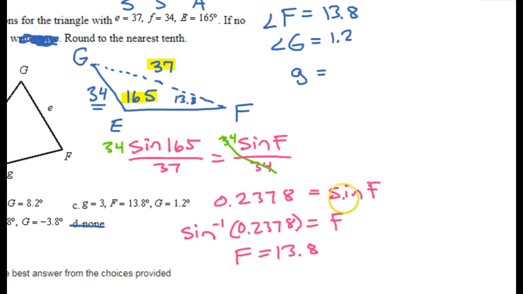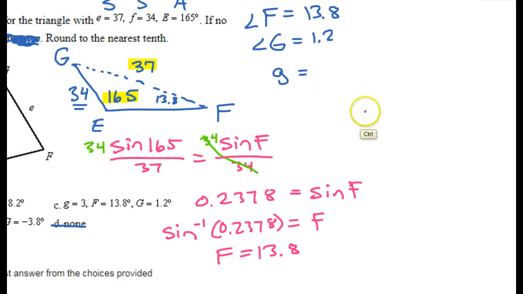Now we need to find side G. That's the only other thing left. A little trick that I like to do to save me one step: whenever I'm looking for a side, I put the sides on top. So when I set up my law of sines, I'll do it this way: 37 over sine 165. It's just like I did before, but because I'm looking for a side, I put the side on top.